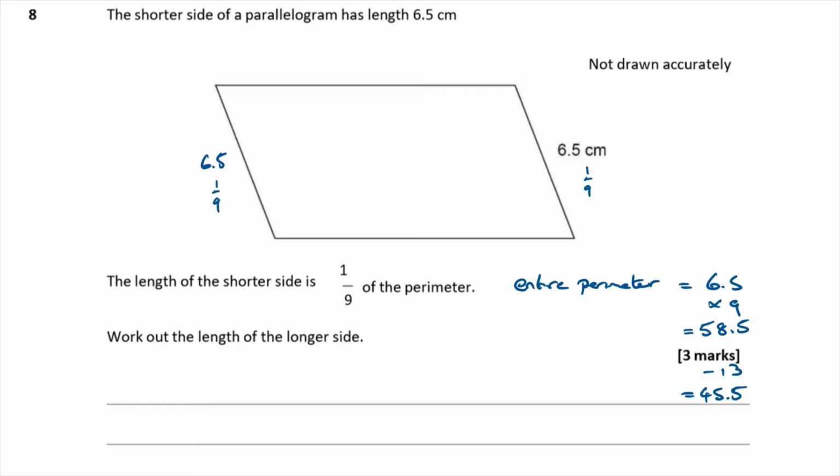Okay, so then I need to divide 45.5 by 2, don't I? So 2's into 45.5, what's that then? Okay, so 2 goes into 4 twice, 2 goes into 5 twice, remainder 1. 2's into 15 go 7 times, remainder 1, and 2's into 10 go 5 times.